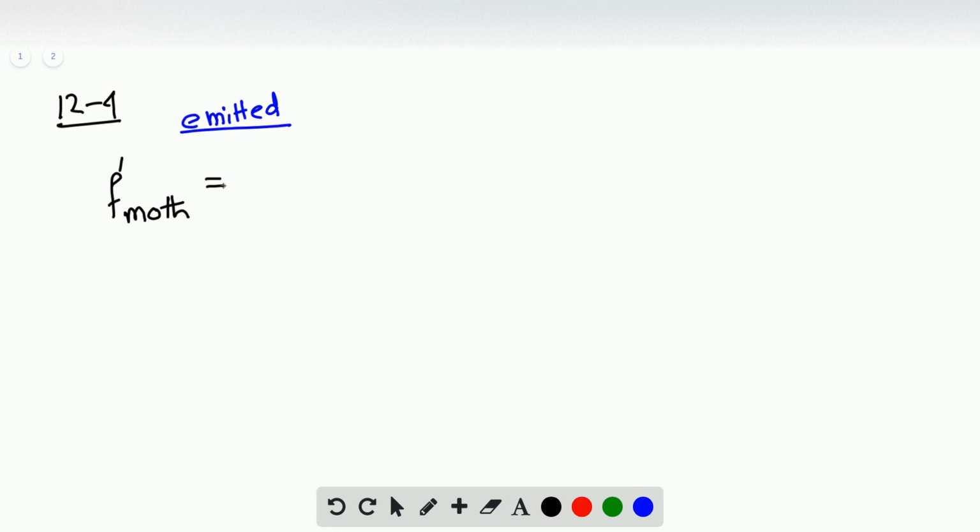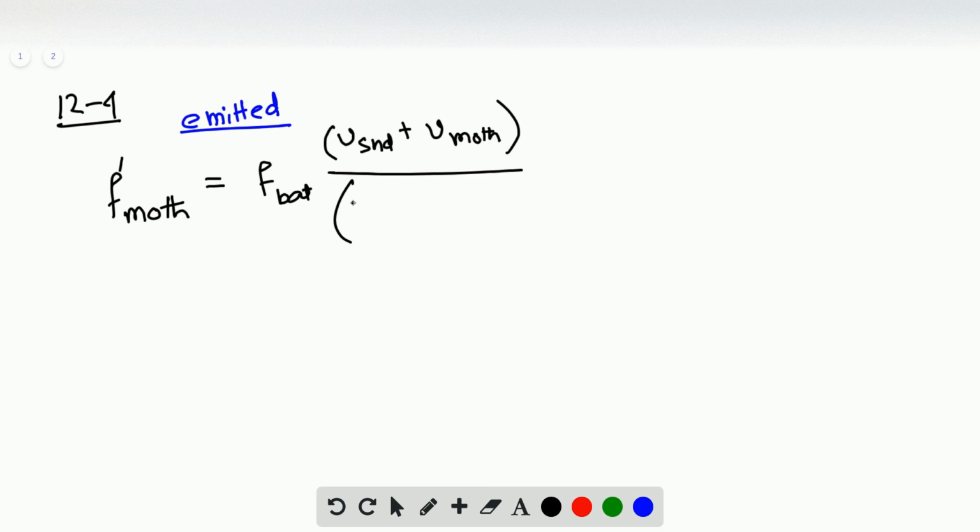The frequency received by the moth will be the frequency generated by the bat, times speed of sound plus speed of the moth, divided by speed of sound minus the velocity or speed of the source, which is the bat in our case.